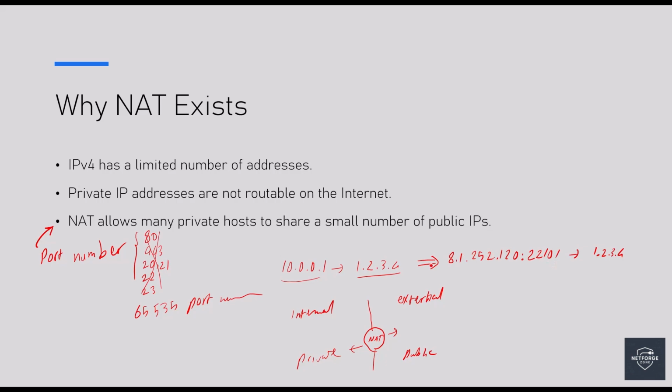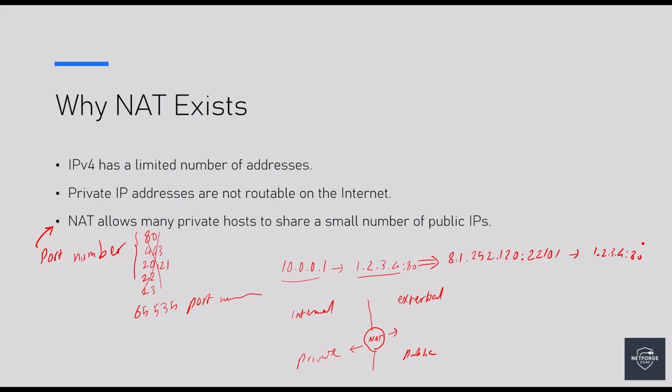Now we should have a port number in here because I'm trying to reach a specific service. For example, this is going to be over 80, and that's going to be over 80, but I don't care about the destination. The destination is already a public address. My internal network is different. So you can see that I have a source of 10.0.0.1, and I am just changing this to 81.252.120. And because I want to make sure that this is for 10.0.0.1, I allocate a port number for that.